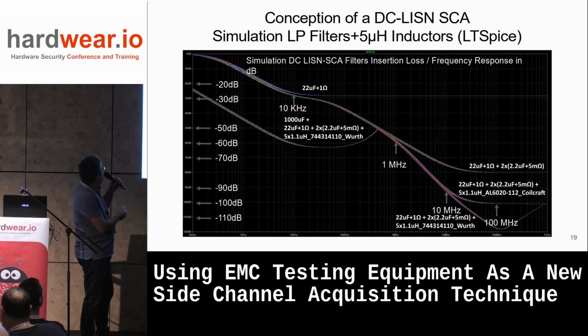We gain about 20 to 30 dB until just before 1 megahertz. So it could be a very good improvement, depending on your power supply, to add such a capacitor as input.